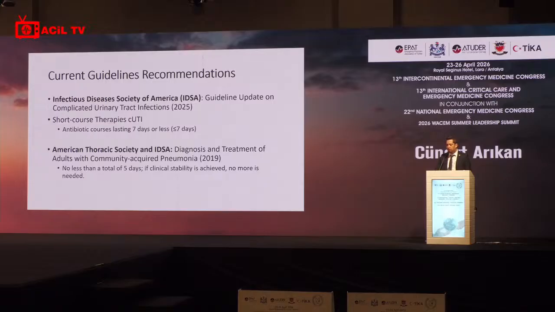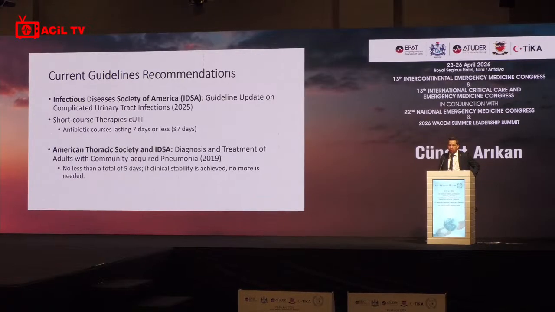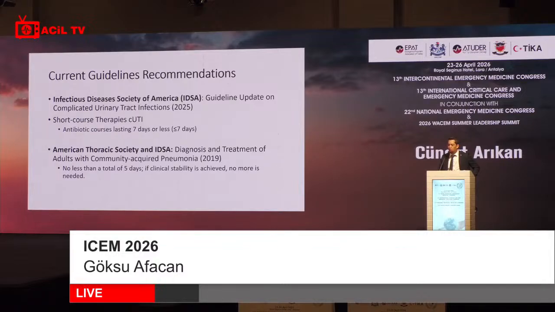The Infectious Diseases Society of America and the American Thoracic Society have guidelines, and in Turkey, pulmonologists and infectious disease specialists use the same guidelines. The new guidelines recommend short course therapies: for complicated urinary tract infection, an antibiotic course lasting 7 days or less, and for pneumonia, no less than a total of 5 days. If clinical stability is achieved, no more is needed.